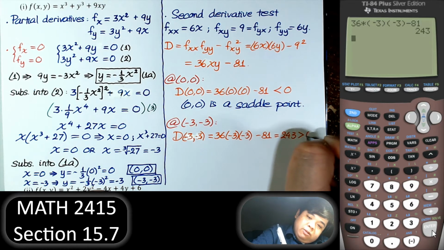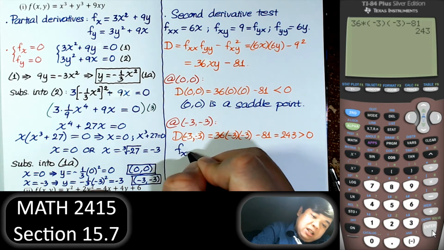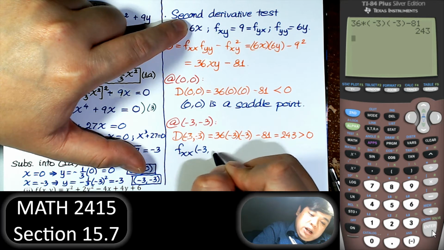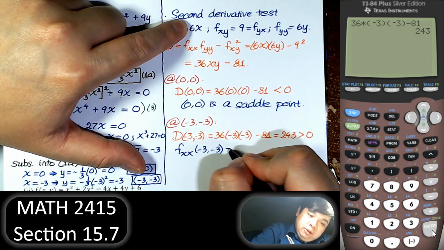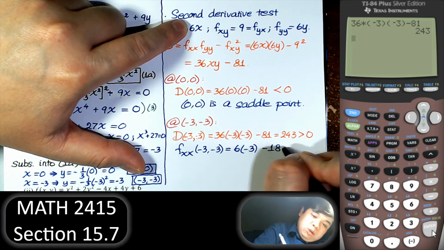This is positive. So it is a maximum or minimum, but we don't know which yet. If we go back to fxx, it is 6x at (negative 3, negative 3). X is negative 3, so this is negative 18, which is less than 0.